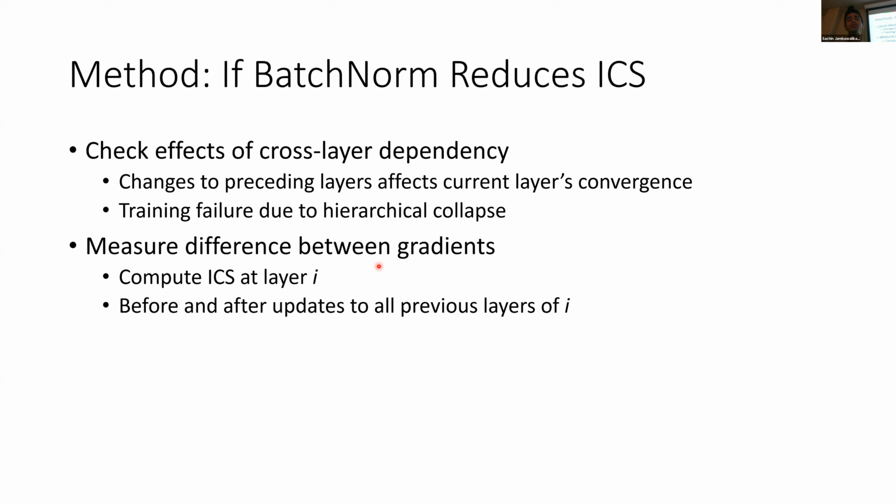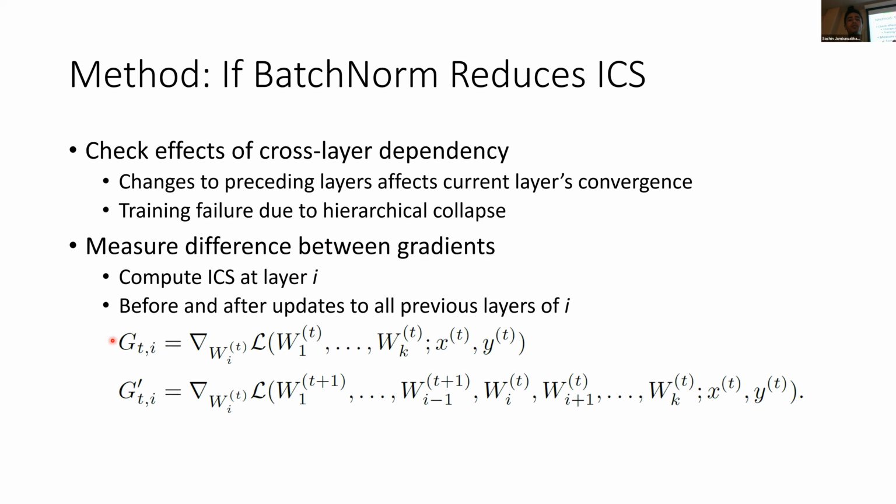So to measure this, they take the difference between the gradients before and after applying batch norm. So for a given layer i, G is the gradient value before applying the update at time t for layer i, and G prime is the value of gradient after applying the update.